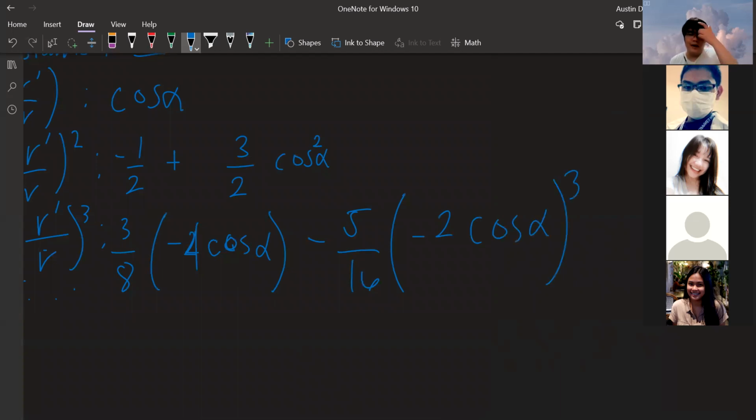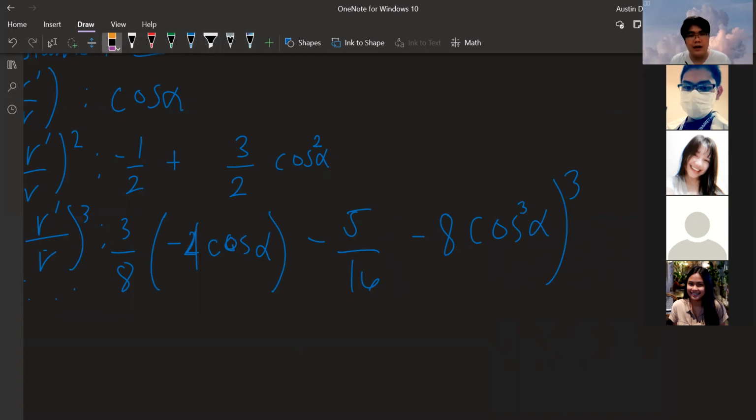Okay? And then we apply this. So negative 2 raised to 3, that is negative 8. And then malilipat yung cube sa cosine, so that's 3. So ayan, evaluate ko lang.